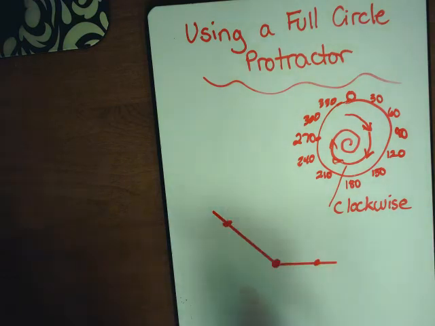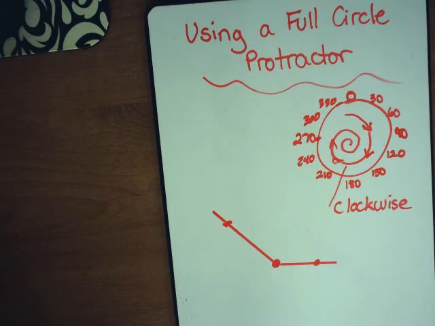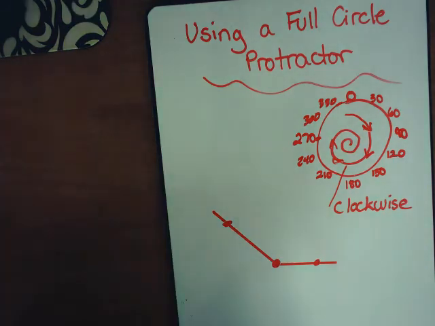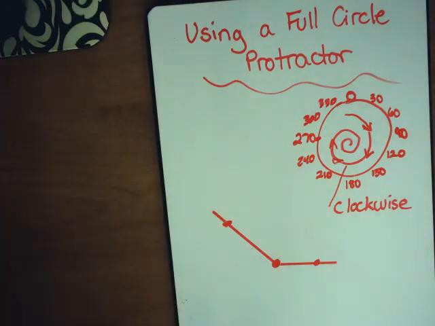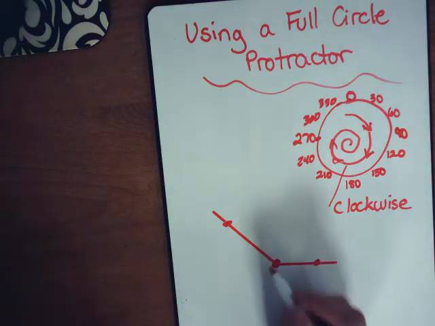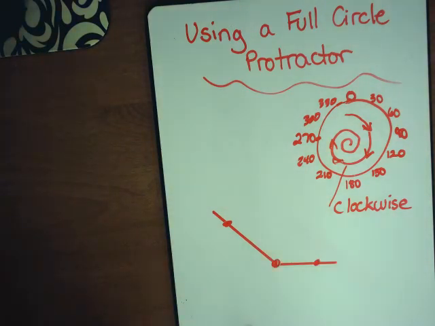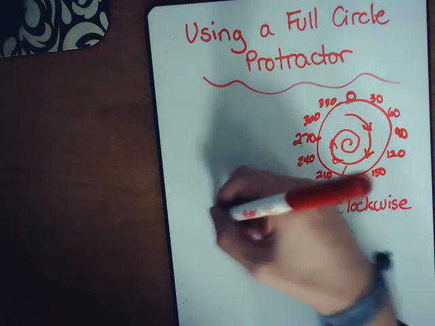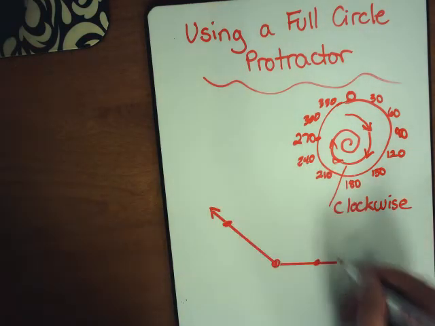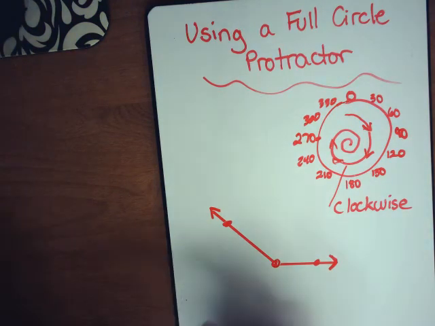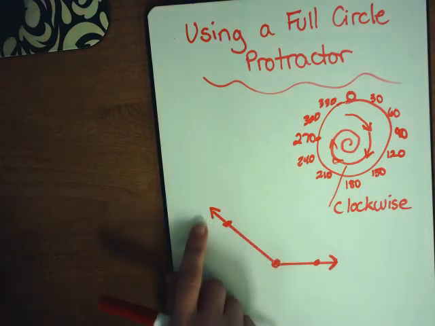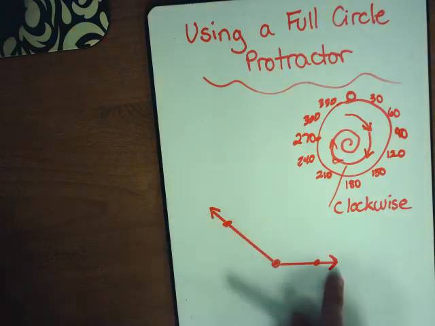Am I using line segments or rays to form this angle right here? These line segments or rays that are joined here at this endpoint? They're line segments, that's right. So let's go ahead and change them to rays. It can be either line segments or rays, but I just want to review that vocabulary. If you remember, a ray goes on forever and ever in one direction. We recognize that arrow right there.